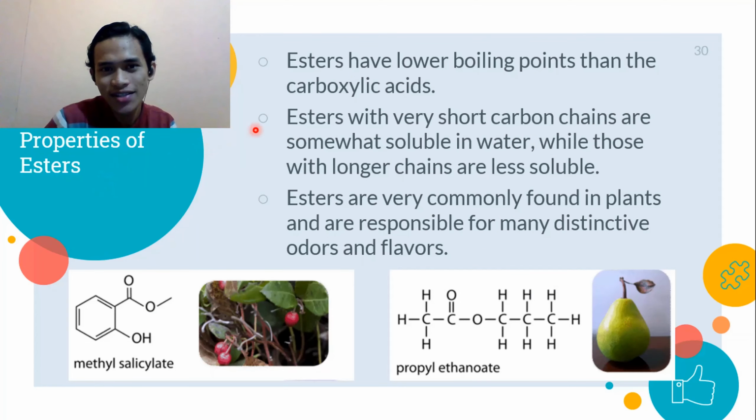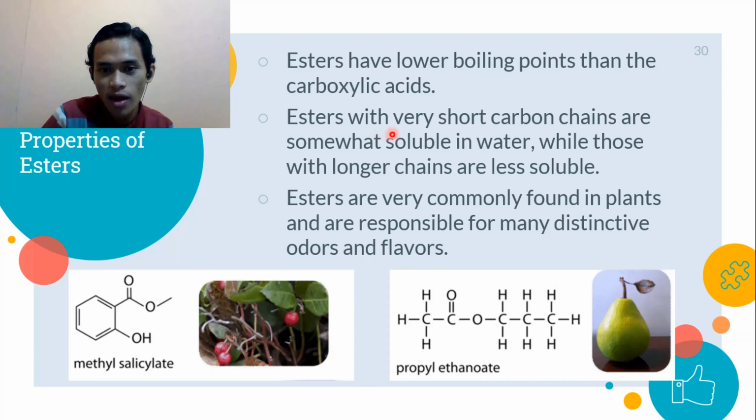Properties of esters. First, esters have lower boiling points than carboxylic acids. Second, esters with very short carbon chains are somewhat soluble in water, while those with longer chains are less soluble. An ester with a very short carbon chain is methyl methanoate.